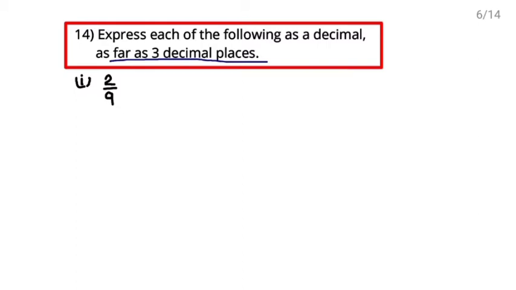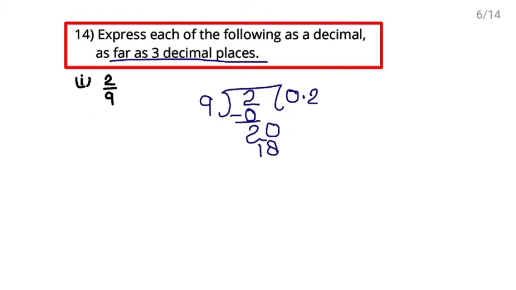right? So firstly, as you have done in the previous question, divide the numerator by denominator. 9 zeros are 0. Subtract 2. Put decimal. Take 0. 9 twos are 18. Subtract 2. You already have decimal, so you can take 0. 9 twos are 18.